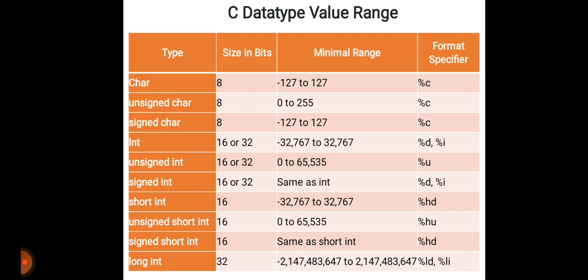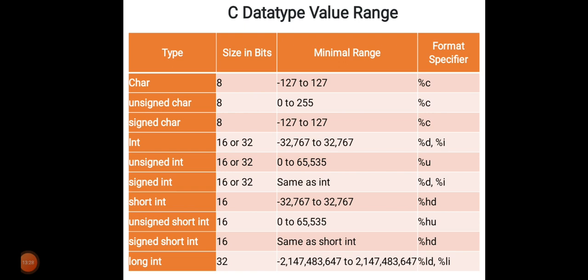The next one is signed character. The size of signed character is 8 bits, the range is minus 127 to plus 127, and the format specifier for that is %c.